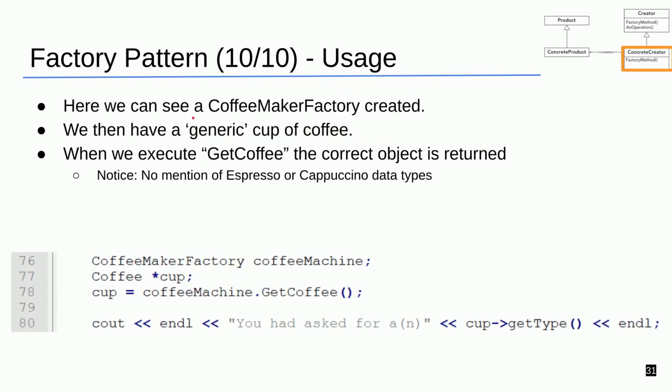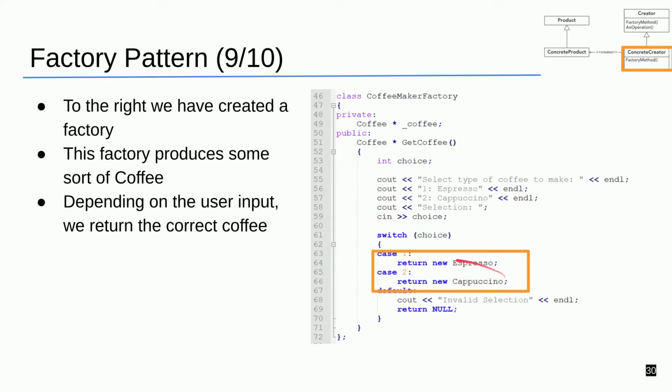So here we can see a coffee maker factory being created at line 76. We're going to create a cup of coffee, and then it's going to get assigned from our coffee machine's getCoffee. So we're just calling this factory method that's going to create the actual concrete class and fill our cup up with the right thing, either an espresso or a cappuccino, one of our two choices here.